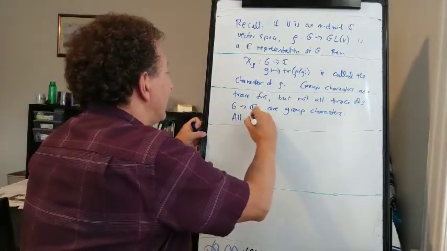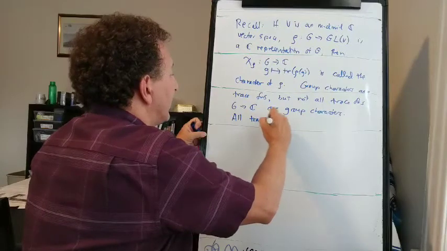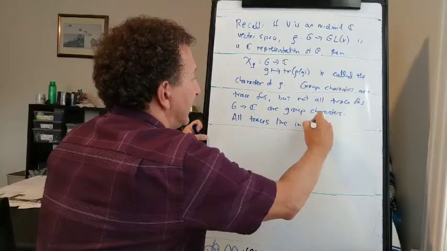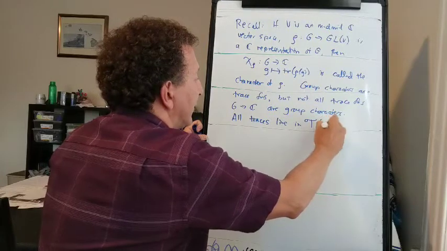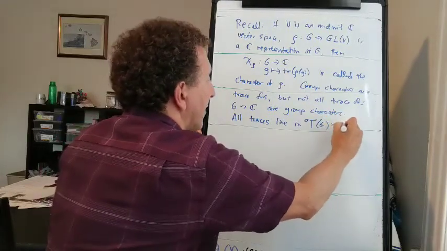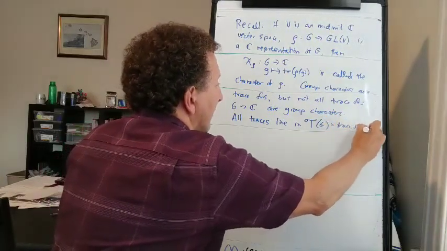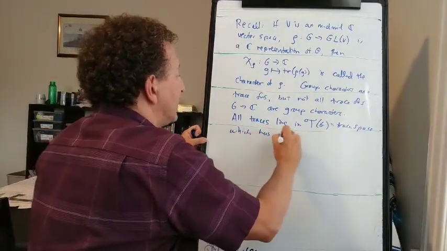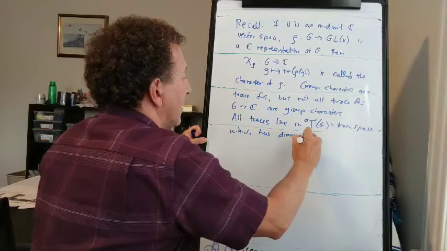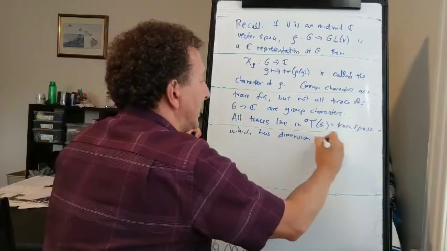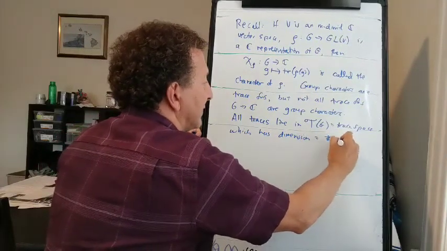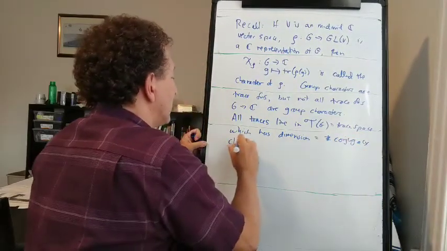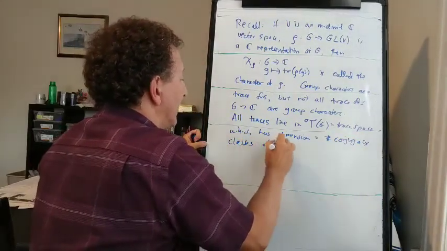On the other hand, all trace functions live in the trace space, which has dimension equal to the number of conjugacy classes of G.